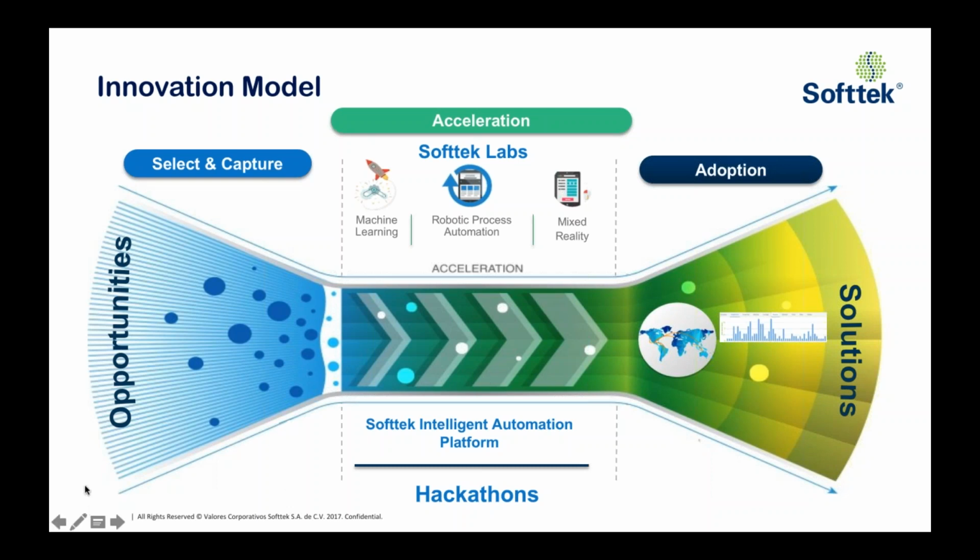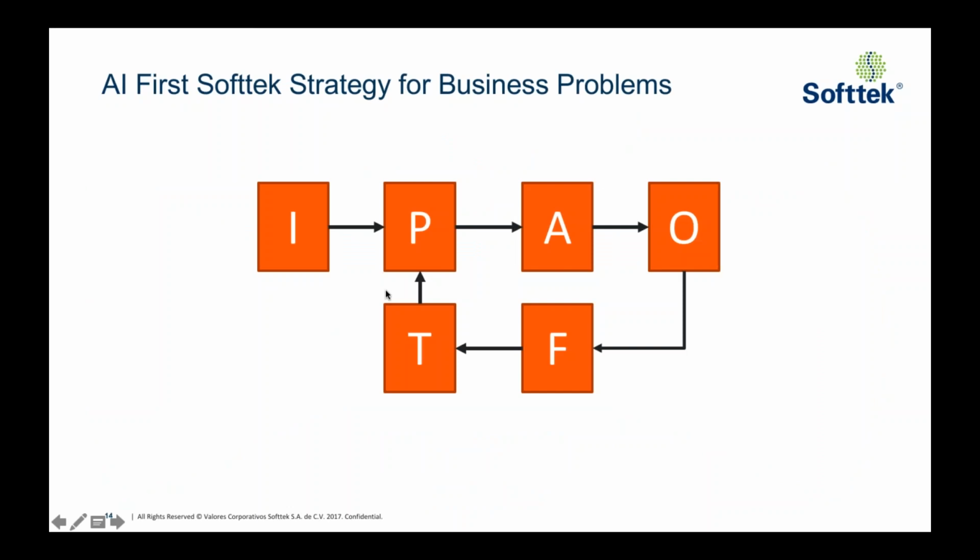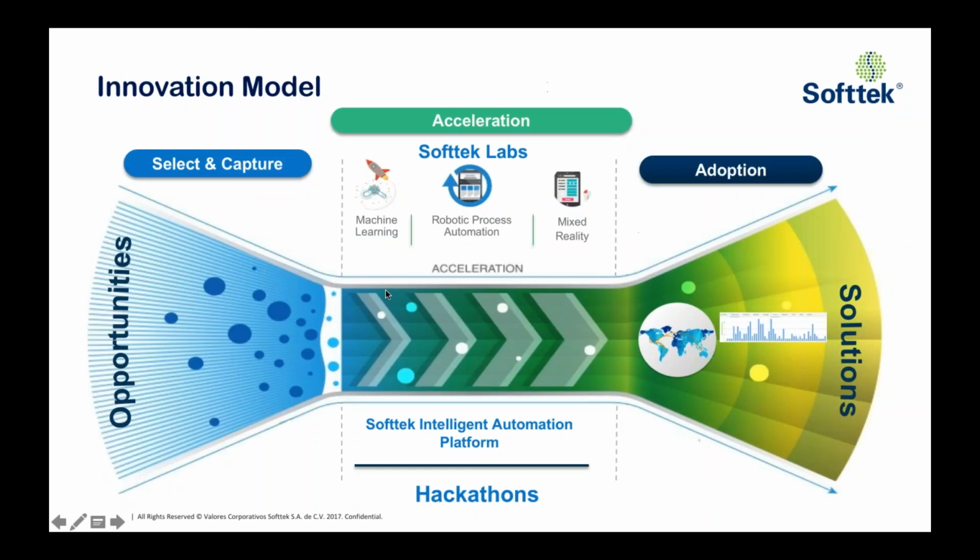Let me just put it a little bit here. Where we could actually accelerate them, and it's this gate where we put some additional resources. For example, we use the lab as a resource to develop that idea further.